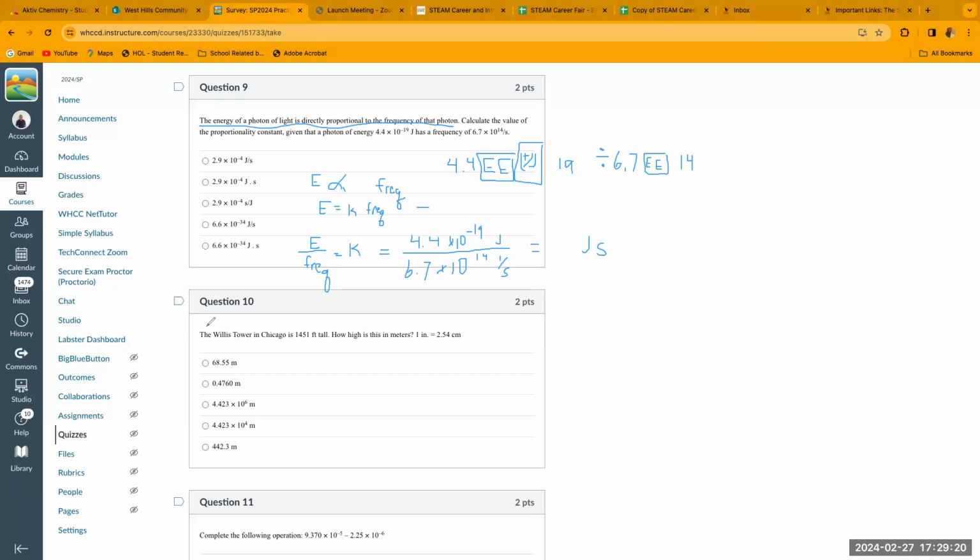If you've done this, you should end up with the answer 6.6 times 10 to the minus 34, which just happens to be Planck's constant.